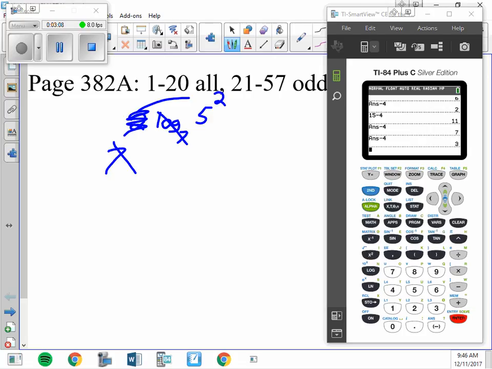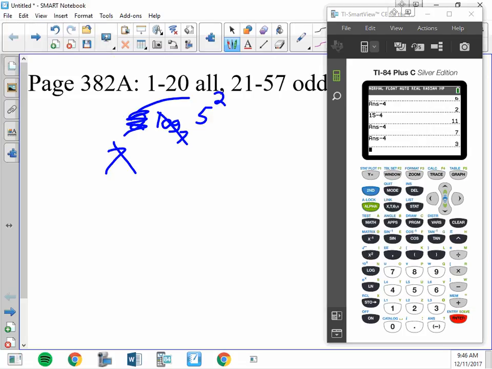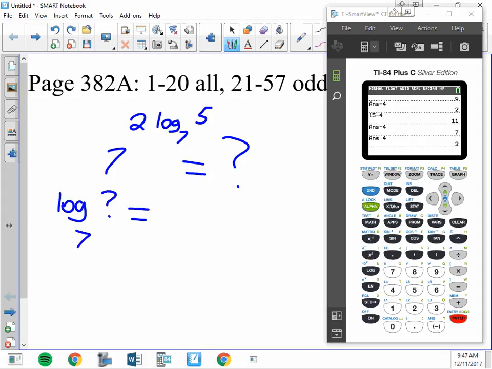Okay. Now, if you forget that, you can always convert to logarithm. So I'm going to put a question mark over here. In logarithm, this would be log base 7 of question mark is 2 log base 7 of 5. So can I drop the logs in this case? Not yet.